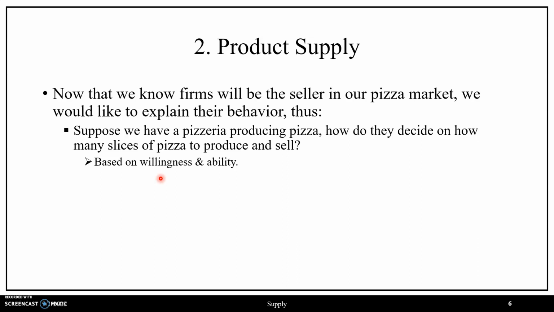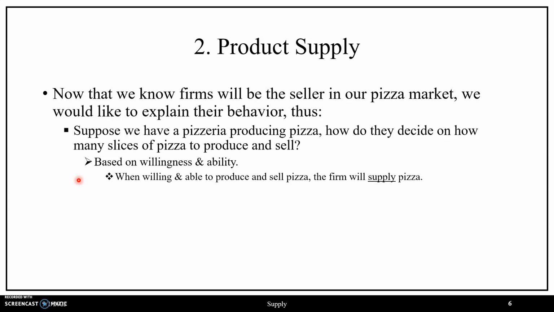So this firm would only be willing and able to produce these pizza slices if the additional money that they see from projected sale is at least as much, or if not greater, than the cost it is to produce that pizza slice.